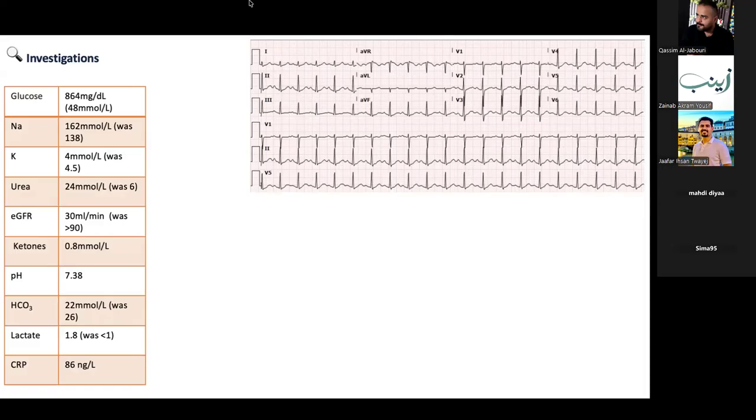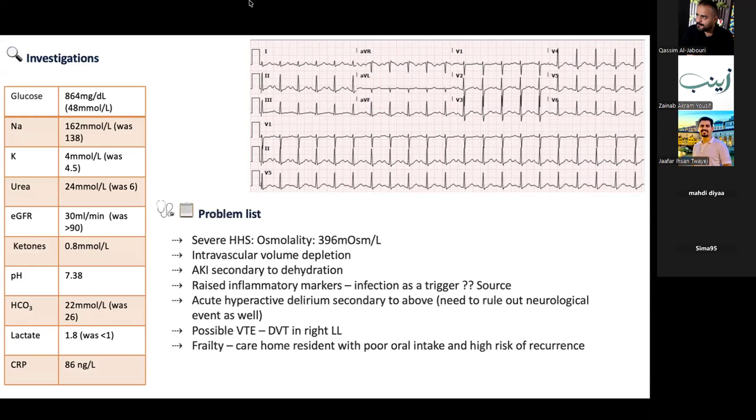Excellent. I like the way you broke the case down very well. So this is, as you said, a case of severe HHS with osmolality of 396. She is severely dehydrated. AKI is a common theme in all HHS patients. She has raised inflammatory markers, so we need to look for the source of the infection.